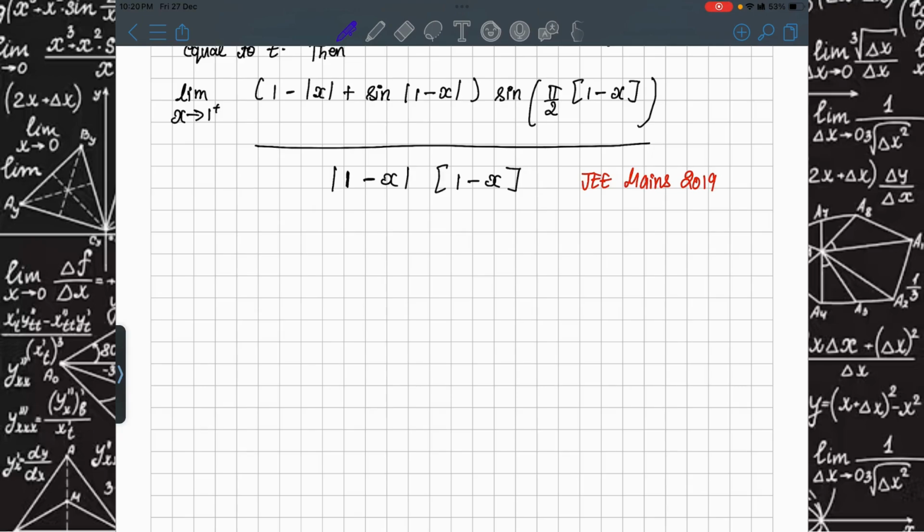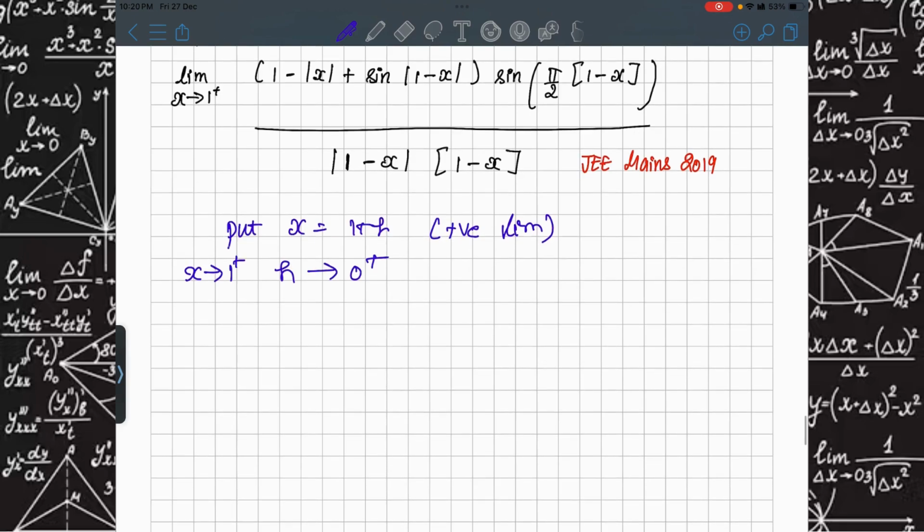So first, to solve the limit, we should put x equals to 1 plus h. That's our usual way of solving it, and it is a positive limit as well, so that's why we are putting 1 plus h. Okay, positive limit, and we have to change the limit from x tends to 1 plus to h tends to 0 plus. Right, that's the usual way of solving our limit.